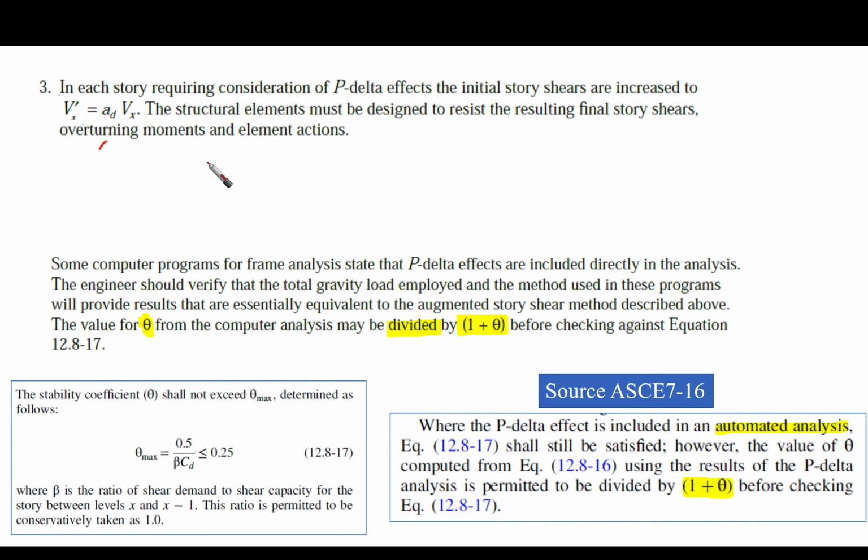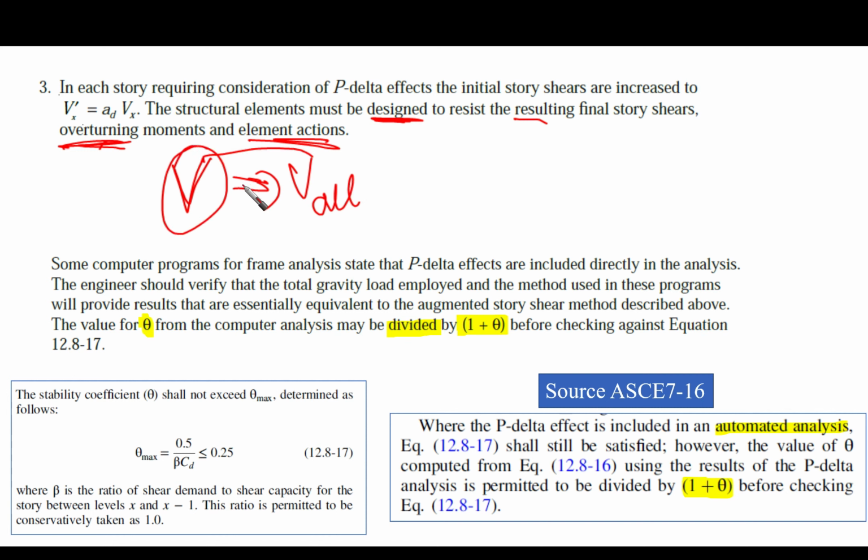In comment 3, he is talking about V versus V allowable, which is the design for the resulting. We want to check the overturning moments and element actions, shear, axial forces, and bending moments and so on, against the final base shear after inclusion of the P delta.